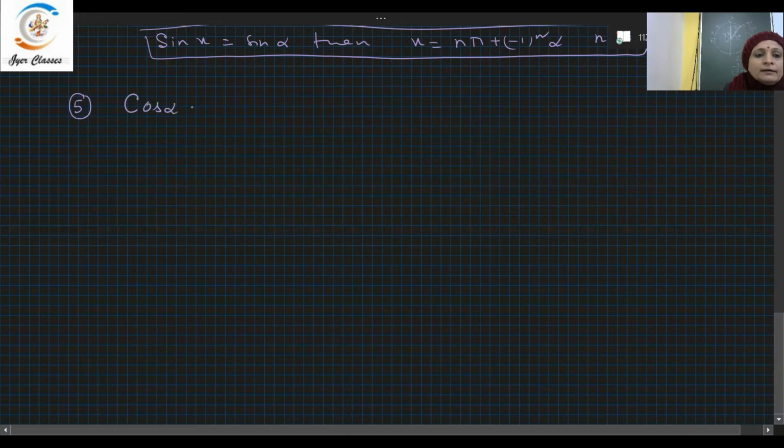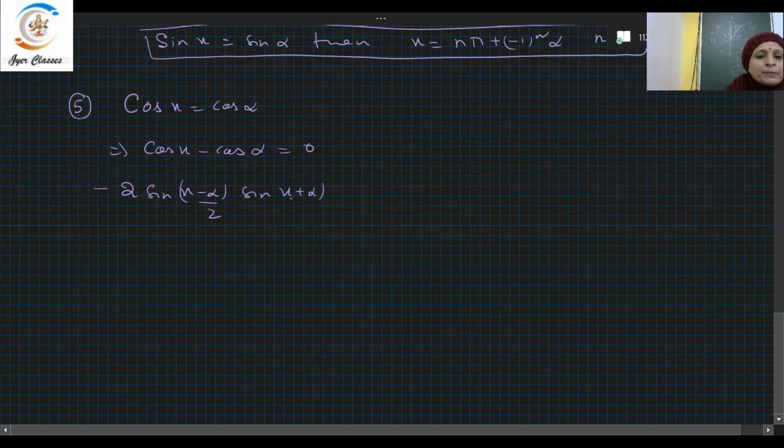Okay. Cos alpha, cos x is equal to cos alpha. बच्चा इसमें क्या आएगा? x की वैल्यू चाहिए, जनरल सॉल्यूशन चाहिए, तो cos x minus cos alpha is equal to 0. 2 times of alpha. You can put this way also, negative डाल दो. x minus alpha by 2 sin x plus alpha by 2, that is equal to 0. इसका मतलब x minus alpha by 2 is equal to n pi, or x plus alpha by 2 is equal to n pi.